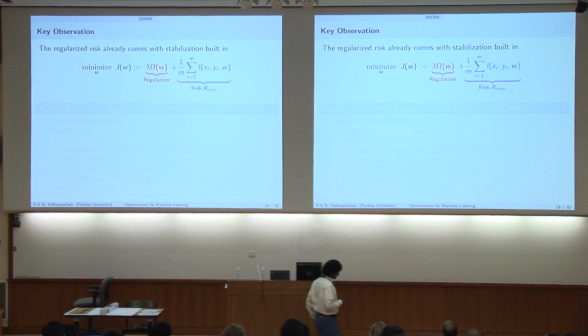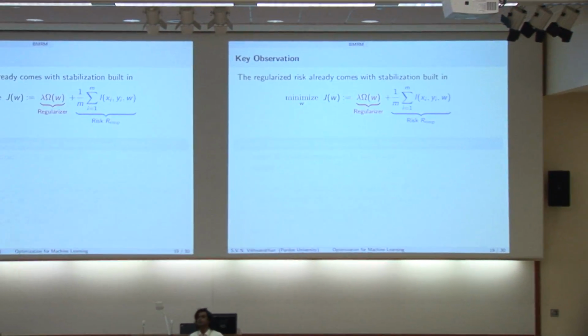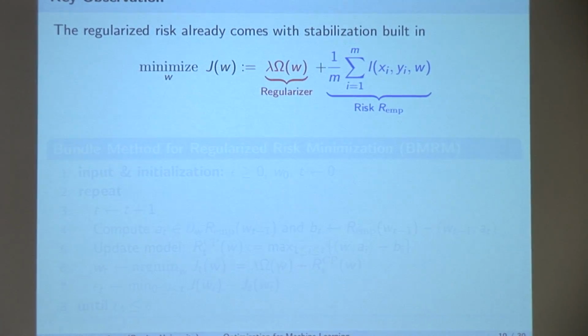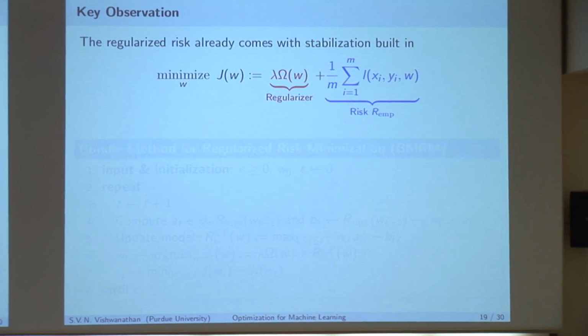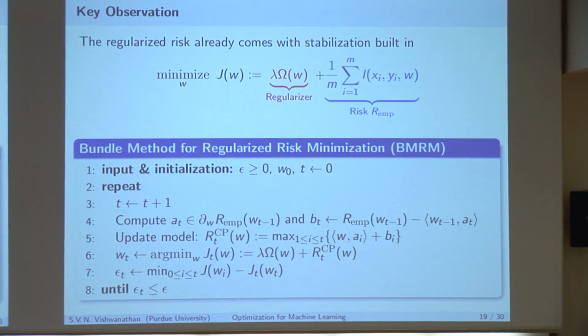So, can we do something better? Can we adapt these bundle methods in a way that you get rid of some of these pain points? That's what we were looking for, and it turns out here is a really obvious, straightforward scheme to do this.